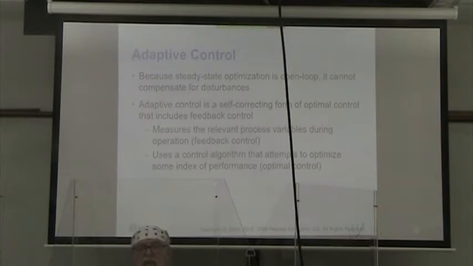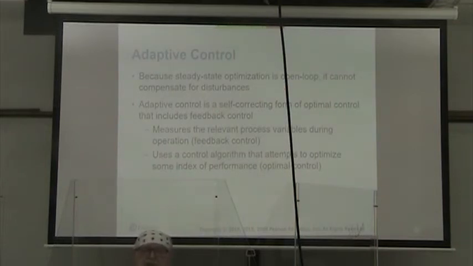Now we have steady state optimization. It's open loop. If there is a problem, it cannot compensate for any type of disturbance. So our adaptive control is a self-correcting form of optimal control that includes feedback control.